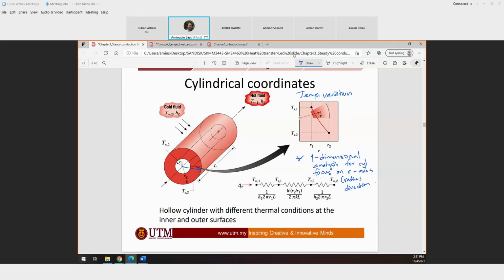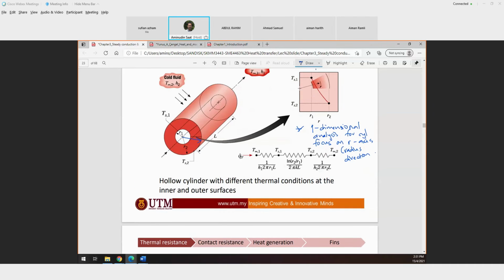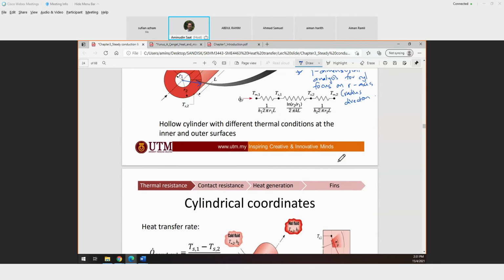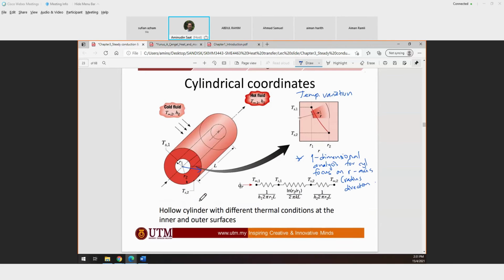So if you look at this particular cross section, let's say I want to draw, I need to find a new blank.